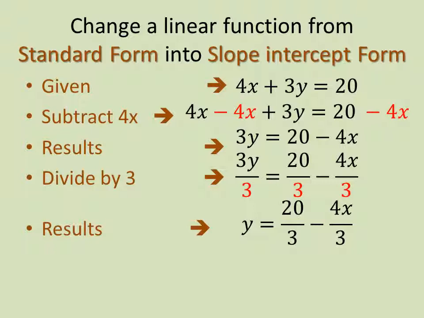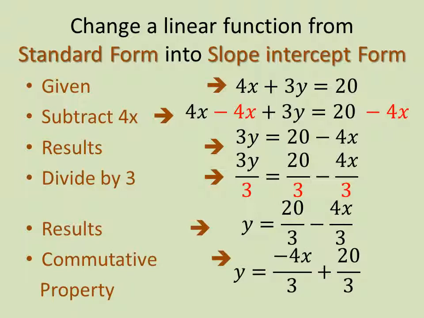So we need to switch the last two terms around by using the commutative property, and now we have y equals negative 4x over 3 plus 20 over 3. Notice that your slope is negative 4 over 3 and that our constant, or our b, or our y-intercept, is going to be 20 over 3.